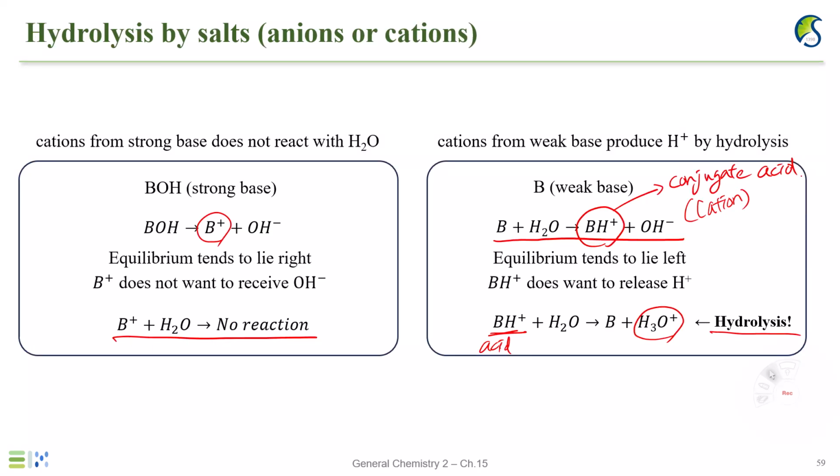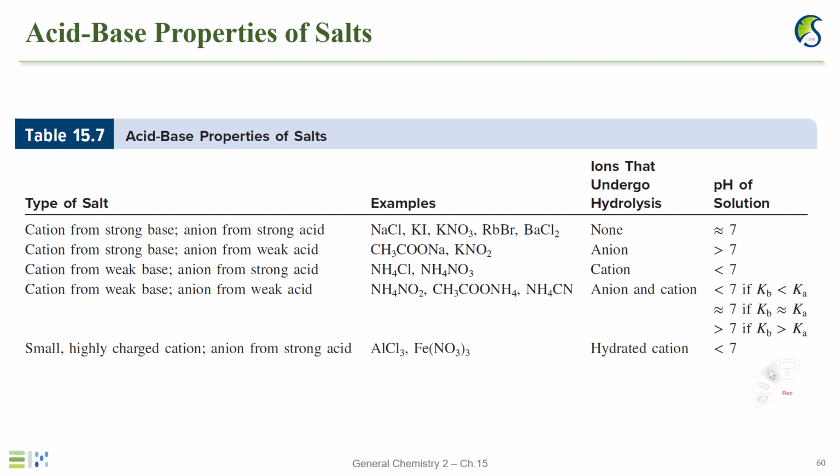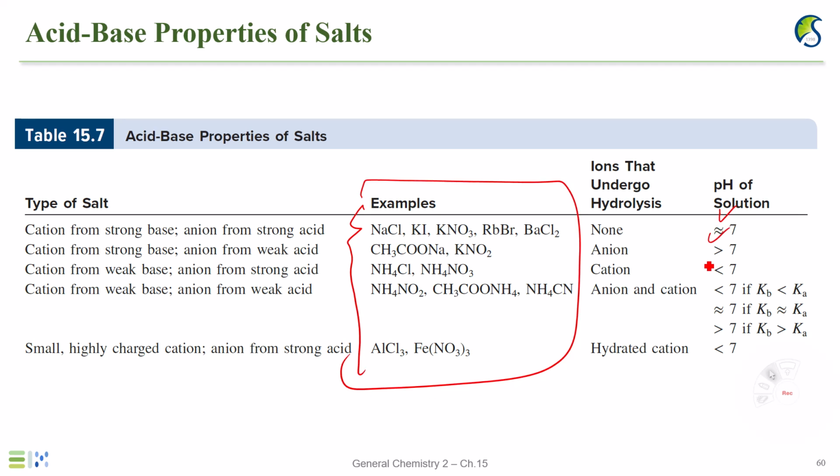Based on this, there is a table that helps you understand why these examples are neutral, basic, and acidic. In the following slides, I will go through this table one by one.